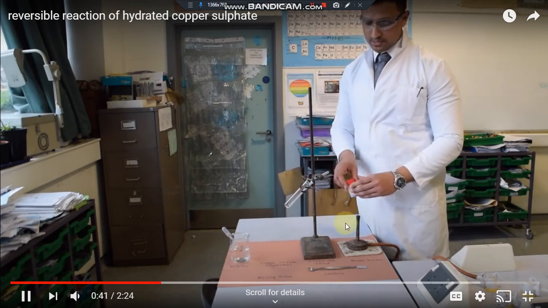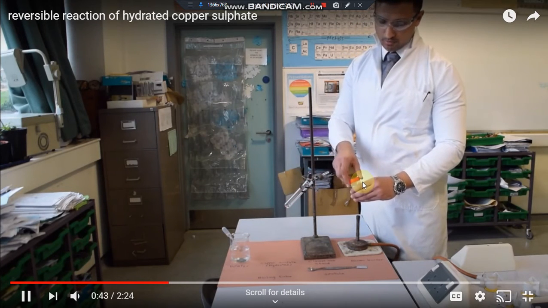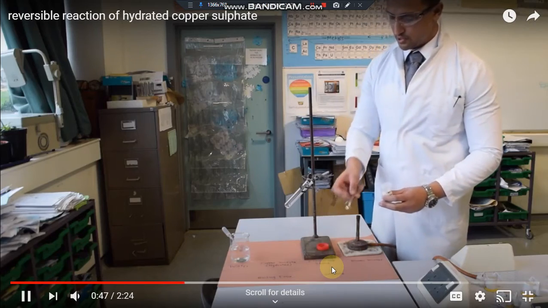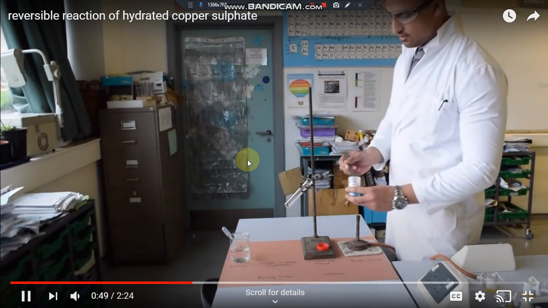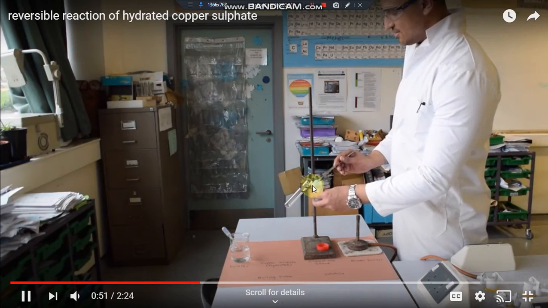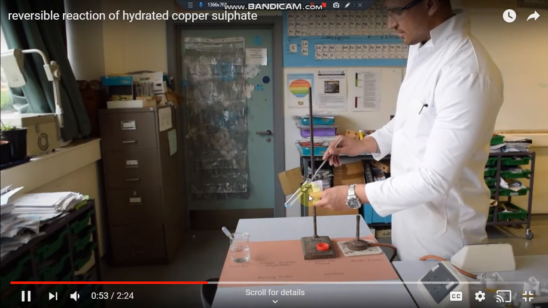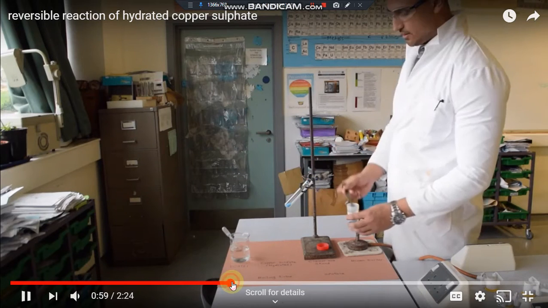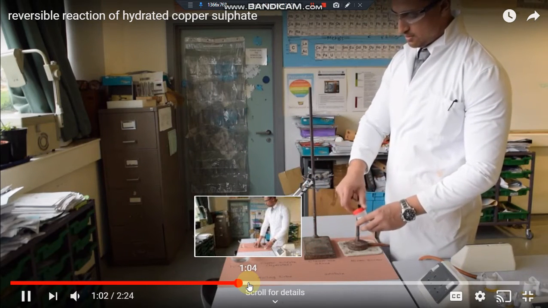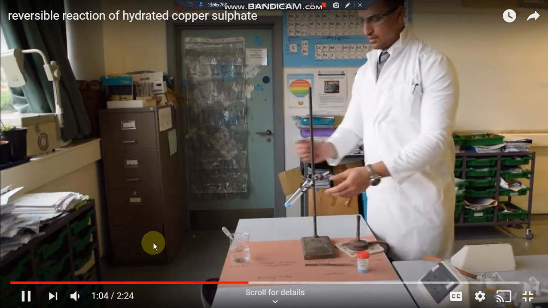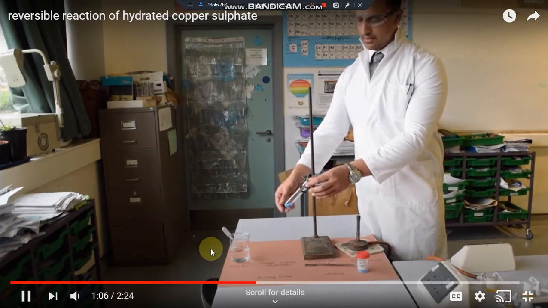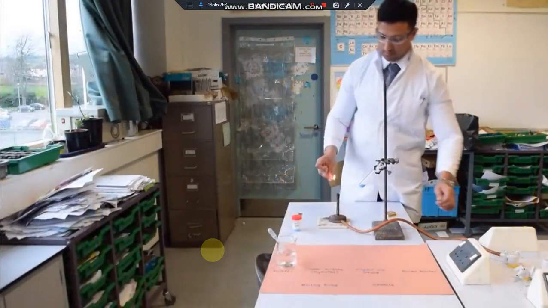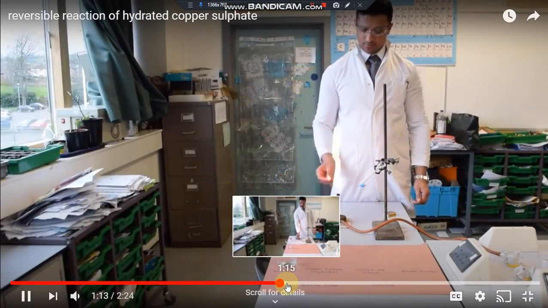He's going to add some hydrated copper sulfate using a spatula. He will fill it inside the boiling tube here. Then he will use the Bunsen burner in order to heat this salt.